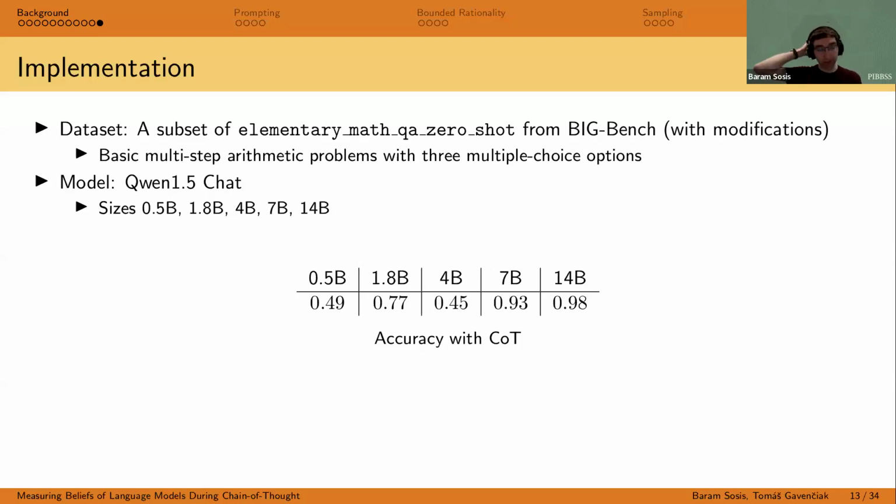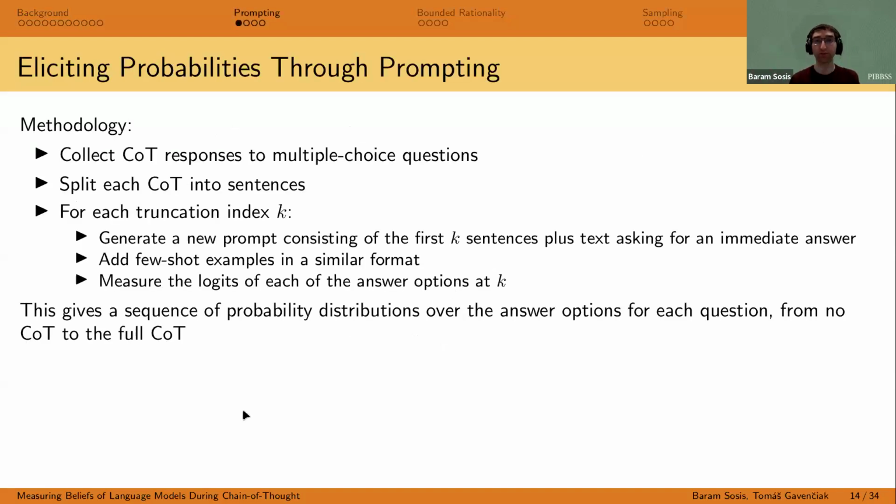Okay, so let's go into the results. The first method that I'm going to talk about is prompting, because this actually ends up being the simplest one. To elaborate on the methodology here, we collect a bunch of chain of thought responses to these arithmetic questions and split them up into sentences.